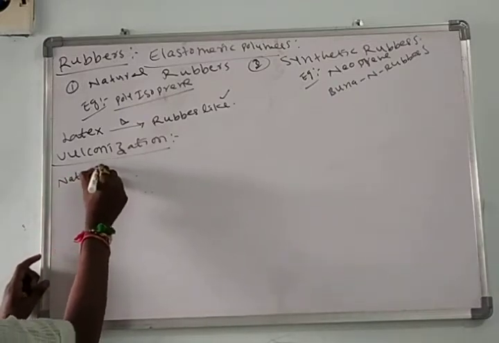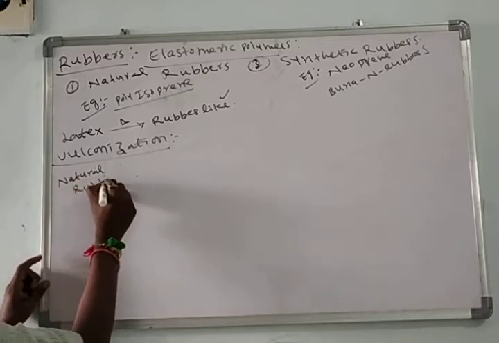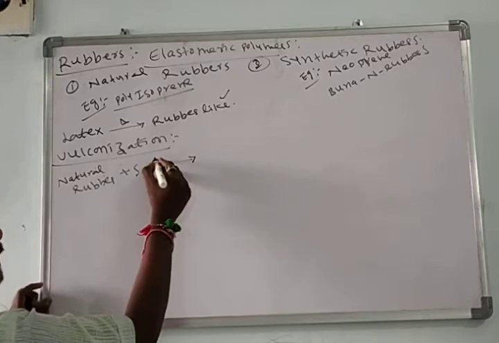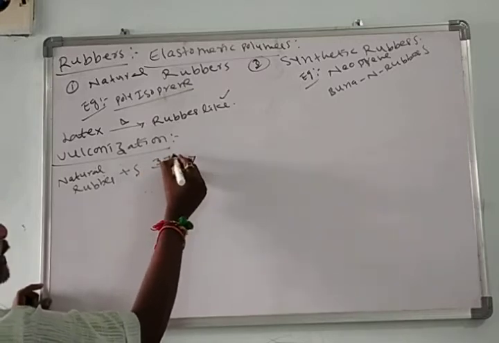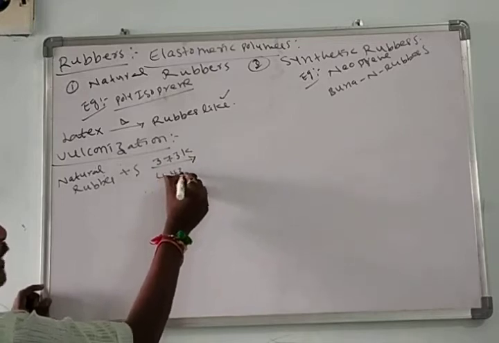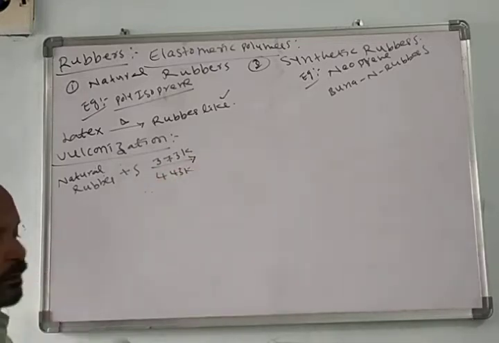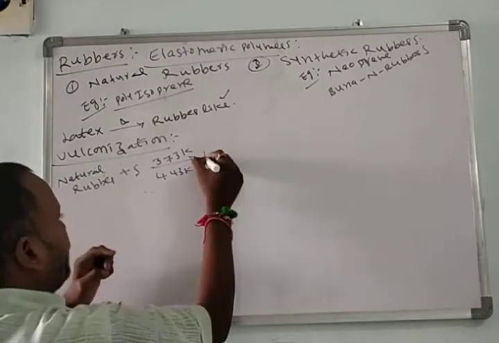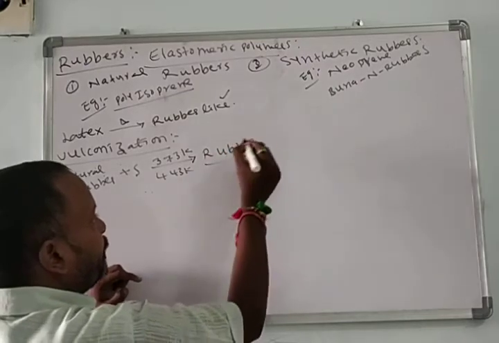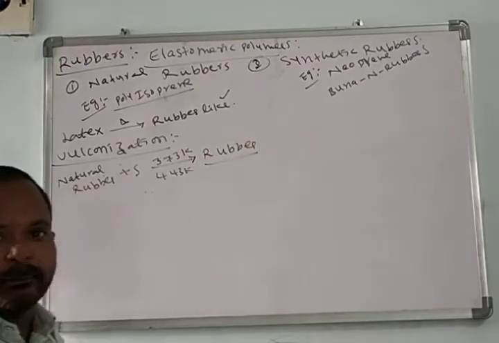Here I am giving one simple example. Take natural rubber, add sulfur and heat at 373 Kelvin to 443 Kelvin temperature. We'll get the rubber.